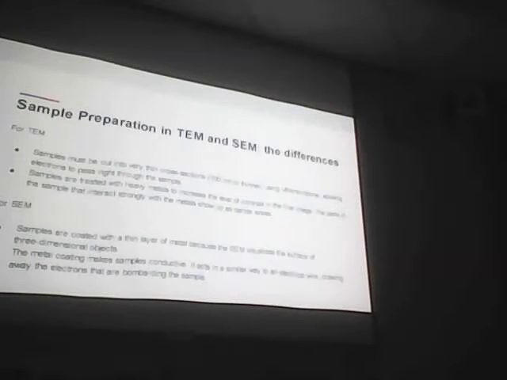And the samples are treated with heavy metals to increase the level of contrast in the final image, because if you have those heavy atoms, you can easily see the inside of your specimen.